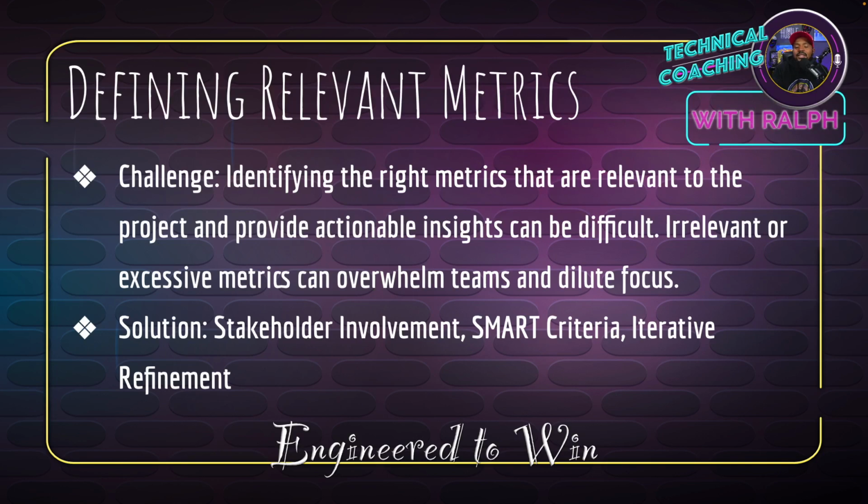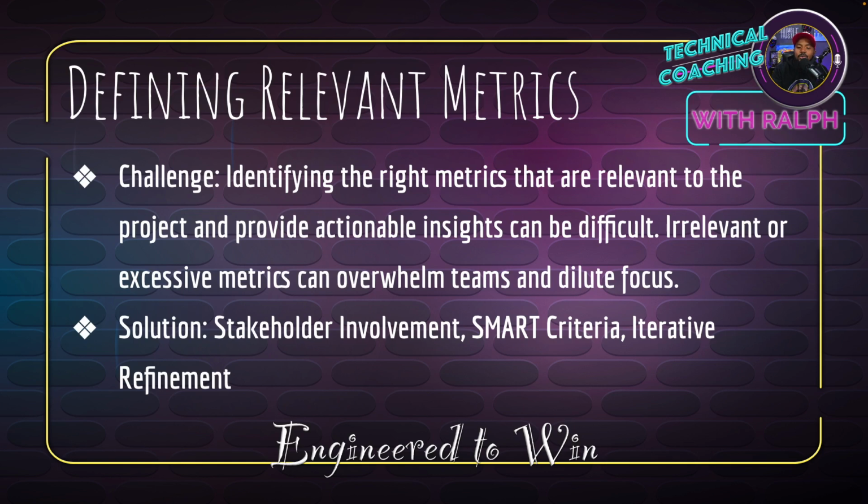So the challenges for defining relevant metrics. The challenge is identifying the right metrics that are relevant to the project and providing actionable insights can be difficult. Irrelevant or excessive metrics can overwhelm teams and dilute focus. So what's the solution? You have to involve the stakeholders to find out, okay, what do you guys really care about? Define the SMART criteria. We spoke about that before.